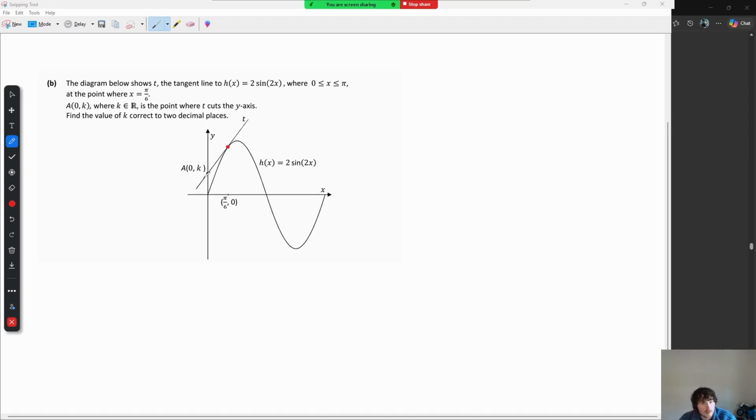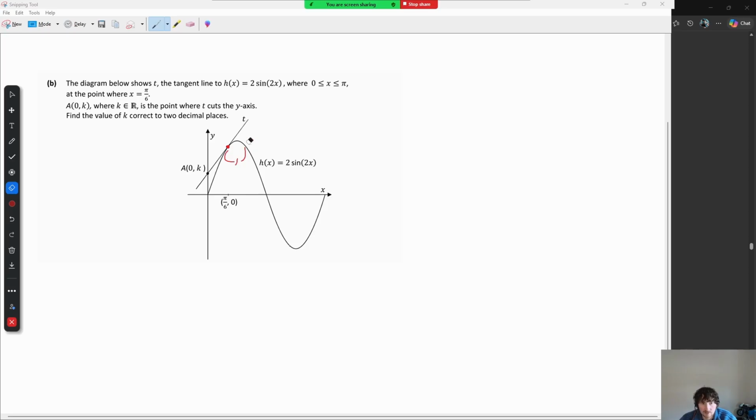So what we need here, people, is we need to get this point. We then need to get the slope of the tangent, which will be to take the derivative of the sine function and get the value of the derivative at this point. And then we have the slope and a point on t, and then we can create t's equation, and then we can find where t crosses the y-axis by setting x equal to 0. Great, that's the plan. So we'll get straight into it.